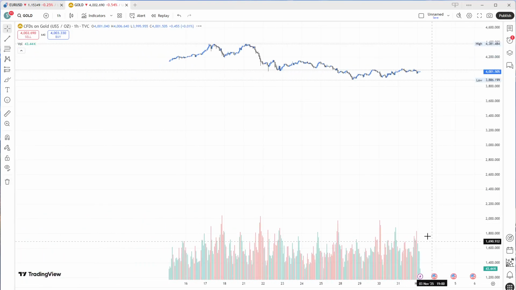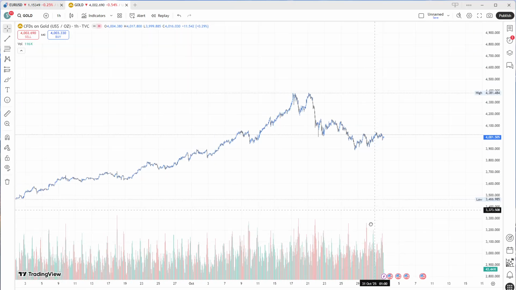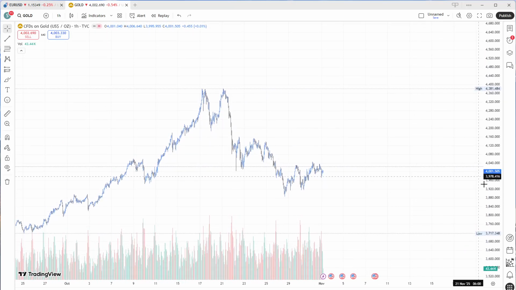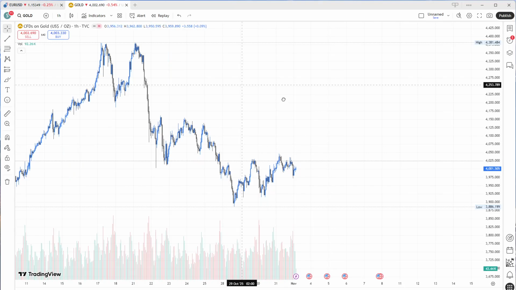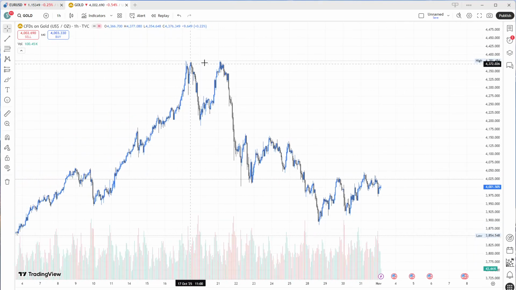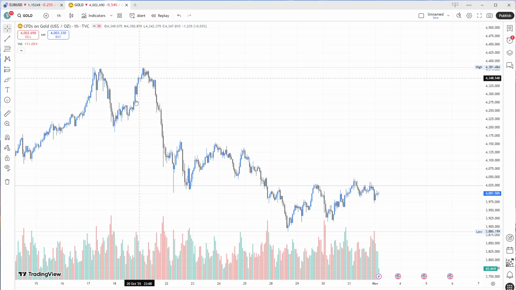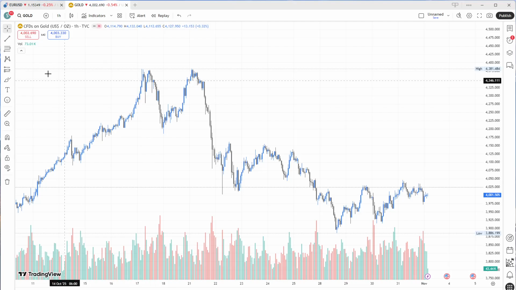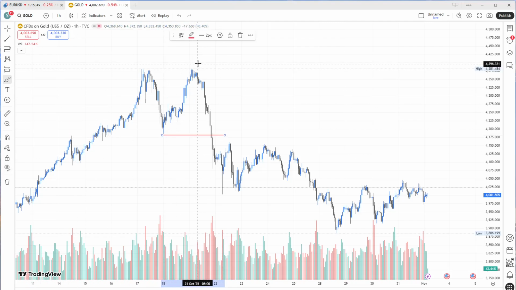So there was a couple of plays last week, right? So we talked about the Asian sweep, how this came down to give us this indication that price went down and broke structure, and now we are in this new range, right?